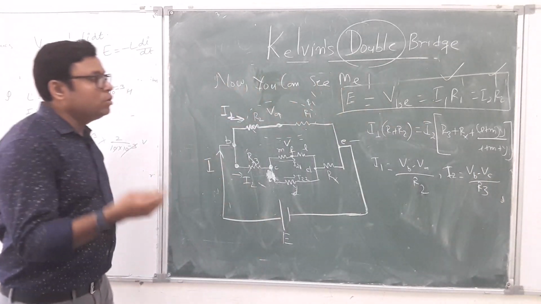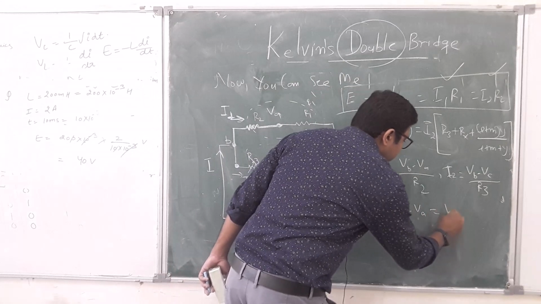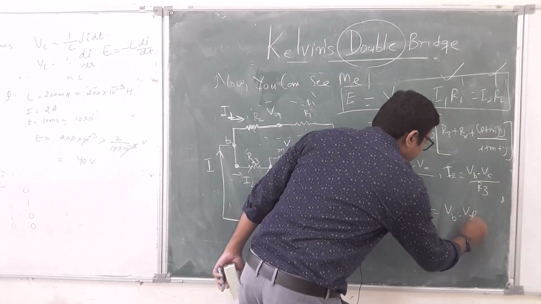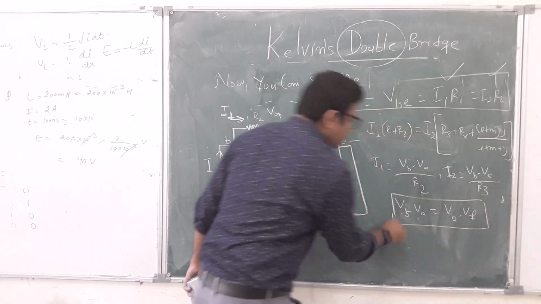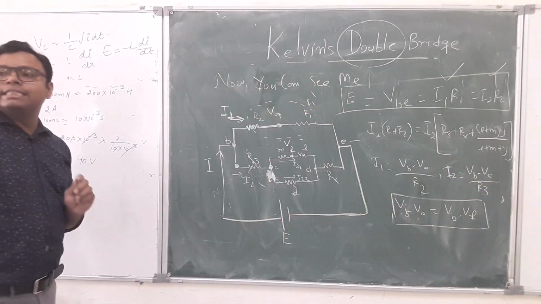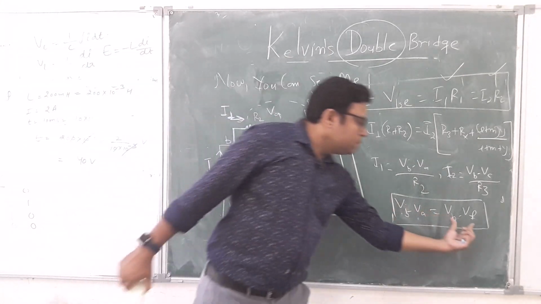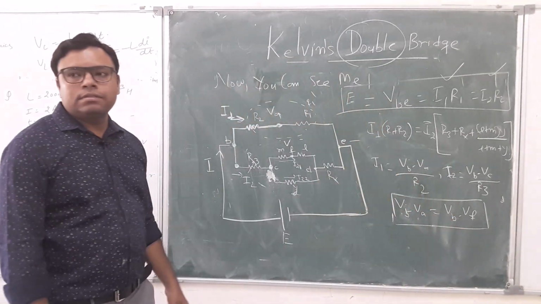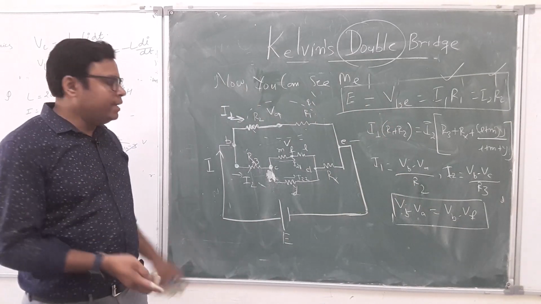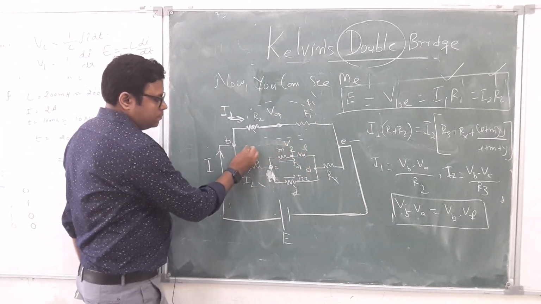But what we want to look at is that VB minus VA is VB minus VF. So I want VF here, not VC. Okay, so let's see how I will bring this VB minus VF. For the time being, concentrate on this portion only.